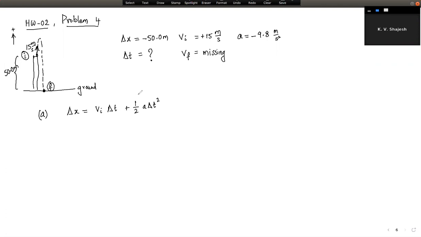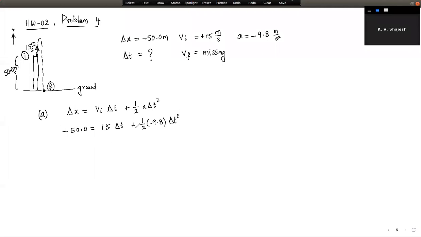Once we know this, we simply substitute our numbers. So it's minus 50.0. That's equal to V initial, which is plus 15, times delta t we are looking for, and plus half times minus 9.8 delta t squared.